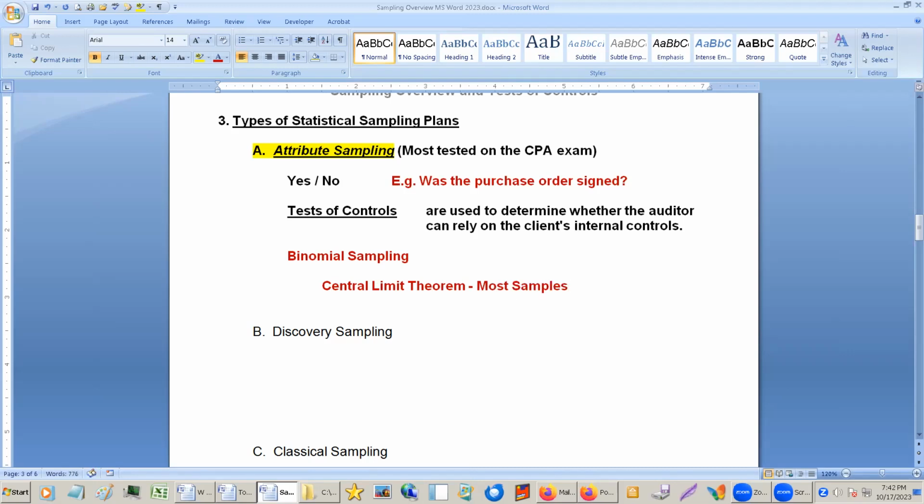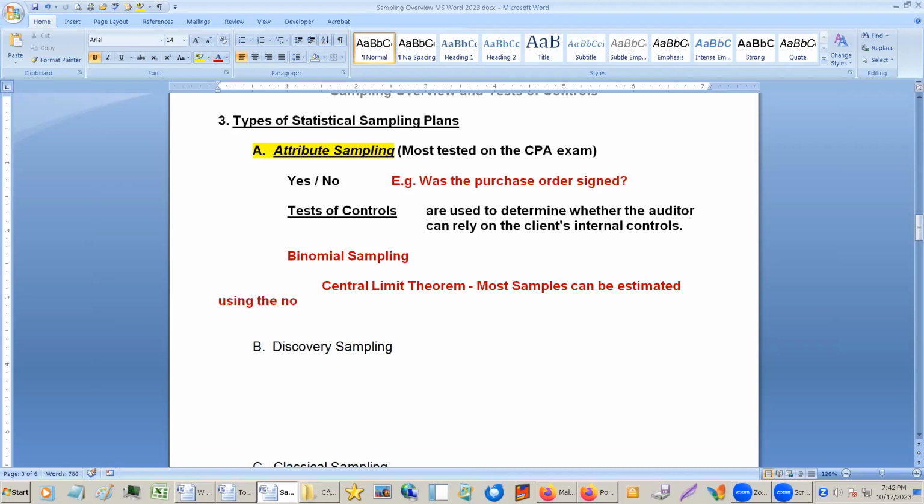Most samples can be estimated using the normal distribution.